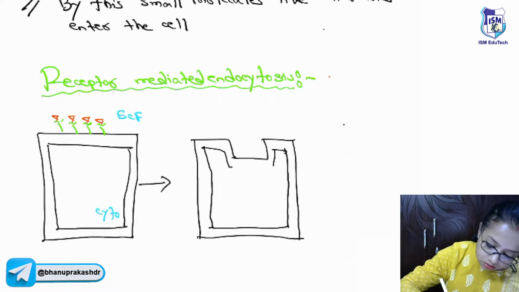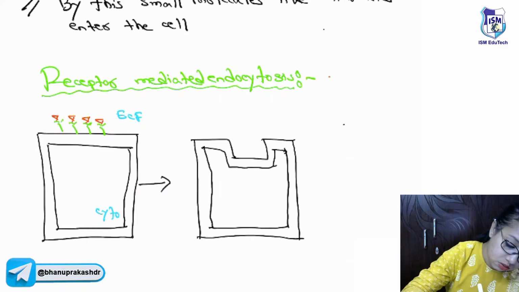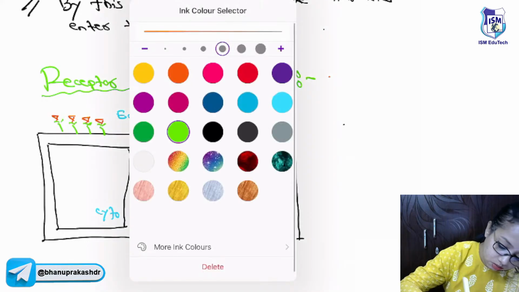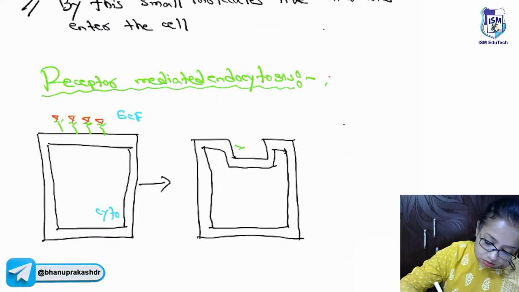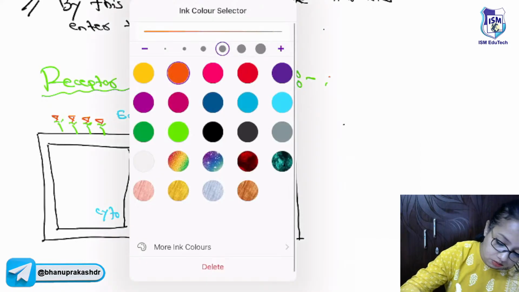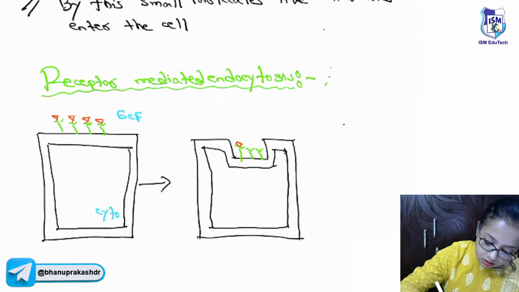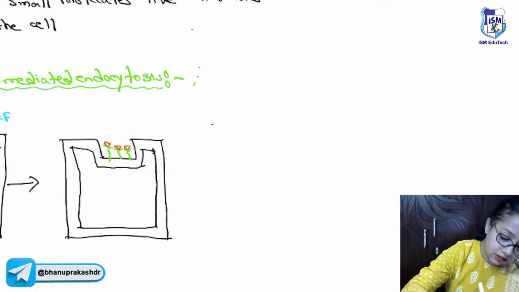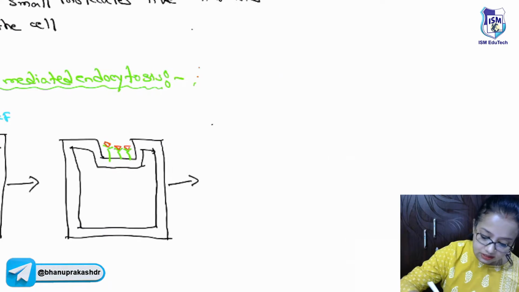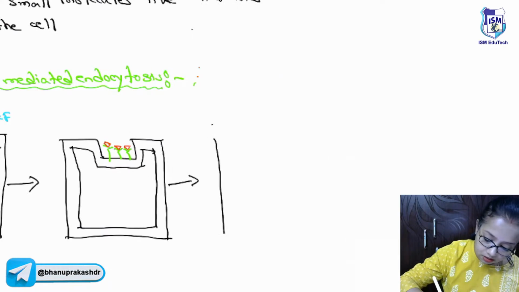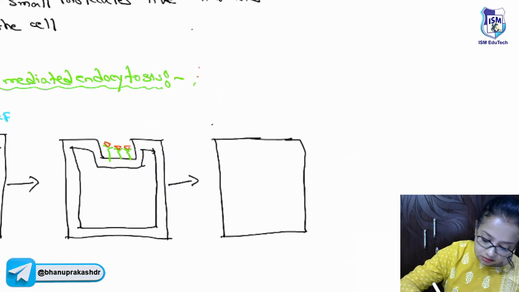So together with the molecules bound onto the receptor, there will be invagination, moving of this structure inside the cell.